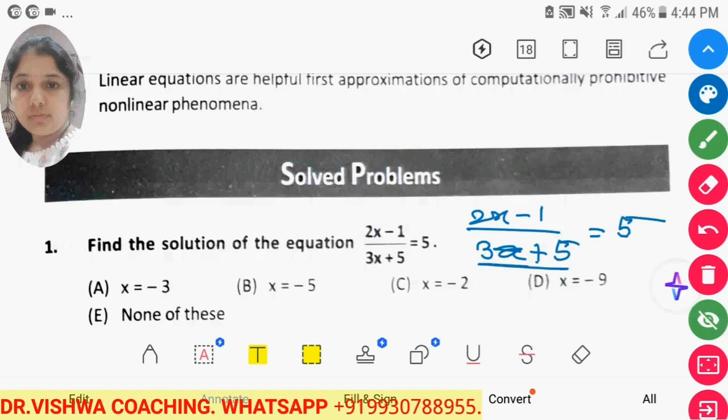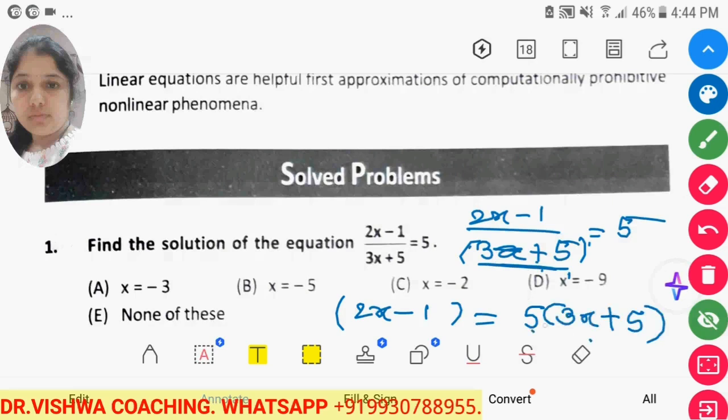So first we have to multiply both sides with 3x plus 5 so that the denominator 3x plus 5 on the left hand side will get cancelled, or you can directly shift this 3x plus 5 to the right hand side of the equation. So the equation becomes 2x minus 1 is equal to 5 multiplied by (3x plus 5).